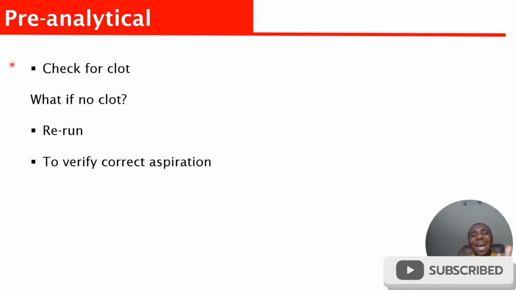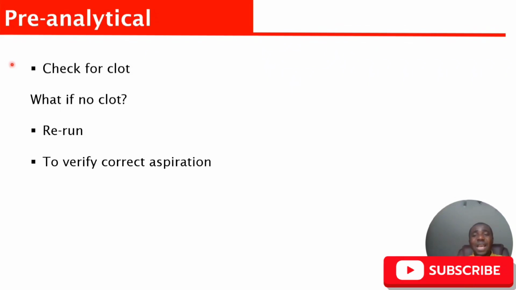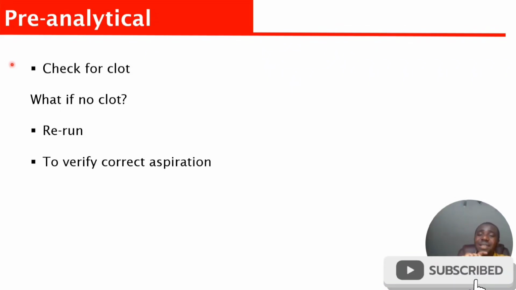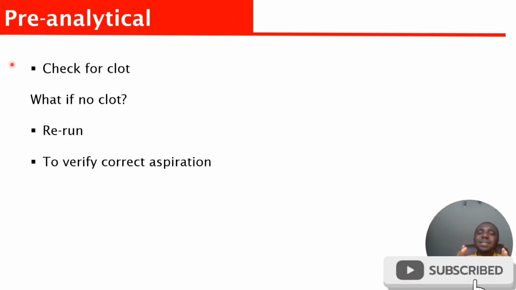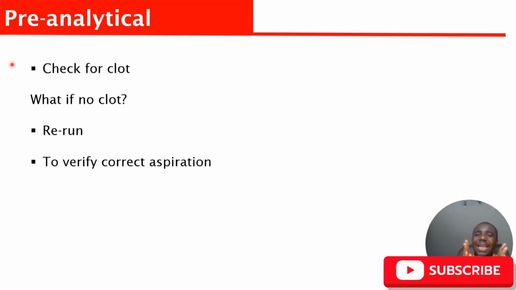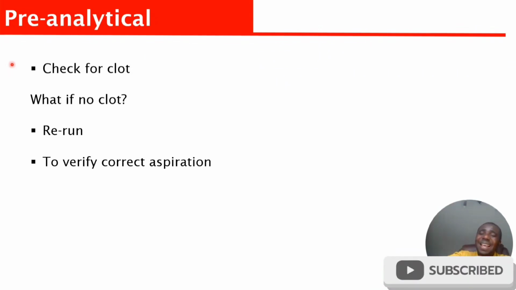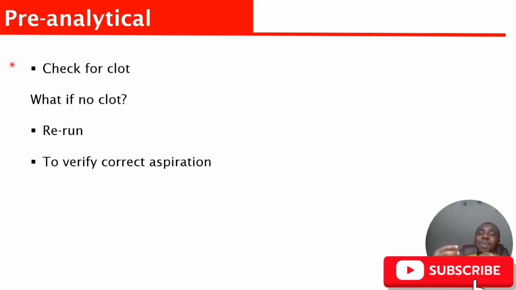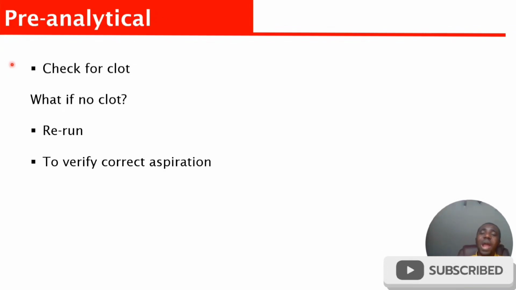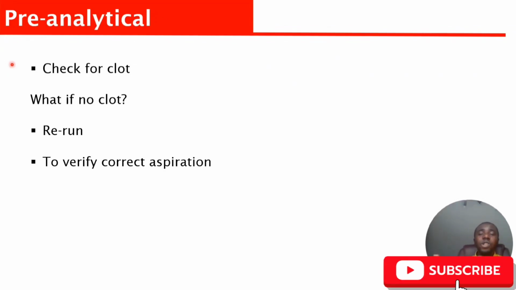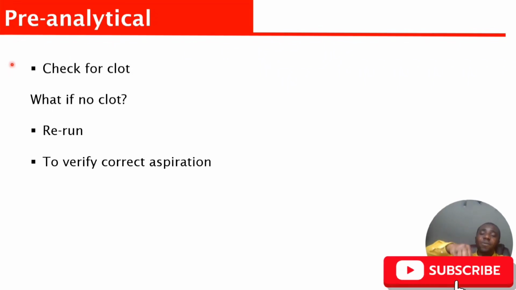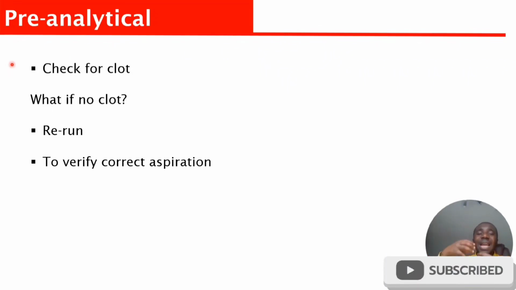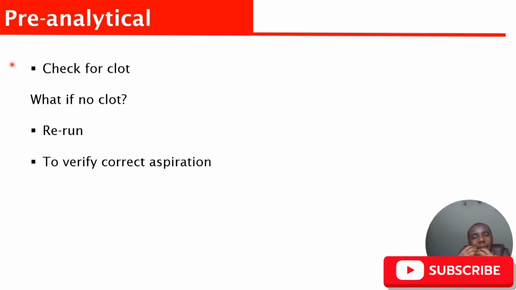You are rerunning the sample to verify correct aspiration the first time. When the analyzer aspirates the sample, like I've said, it may not have been mixed very well, meaning the sample is not homogeneously mixed. And if so, when the analyzer aspirates the sample, it may be aspirating it in such a way, due to that lack of homogeneous mixing of the whole blood, okay, and aspirating the required volume can also affect that very platelet count.